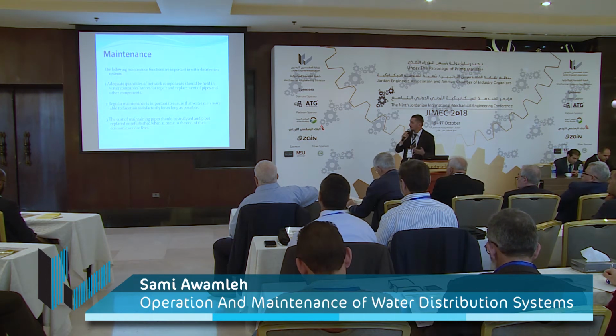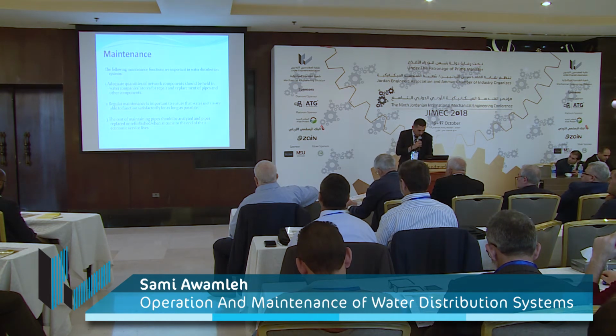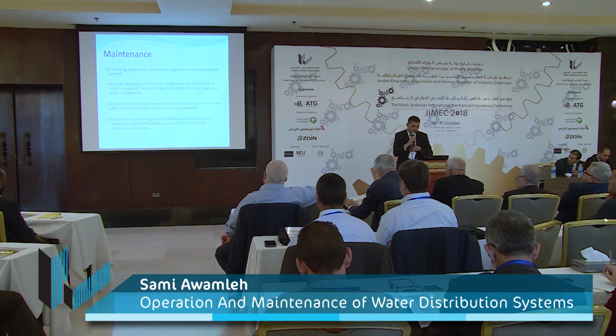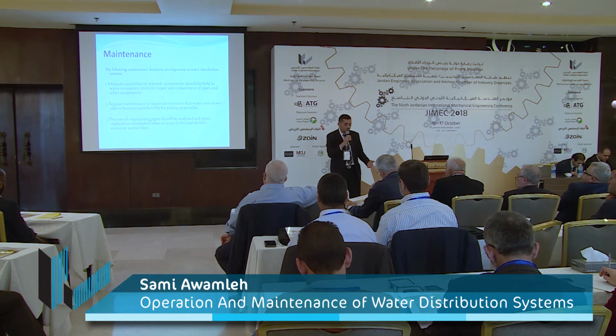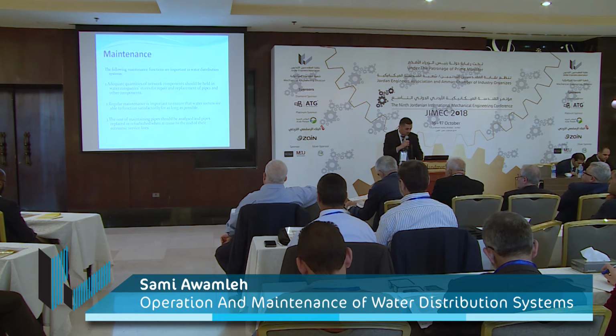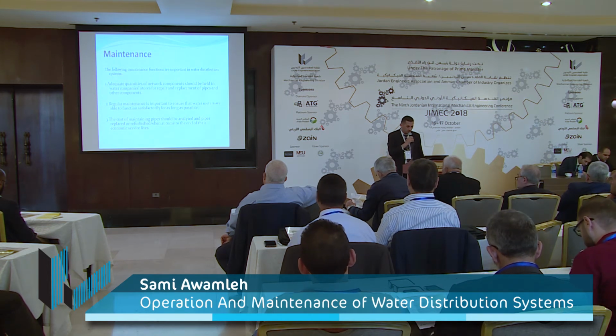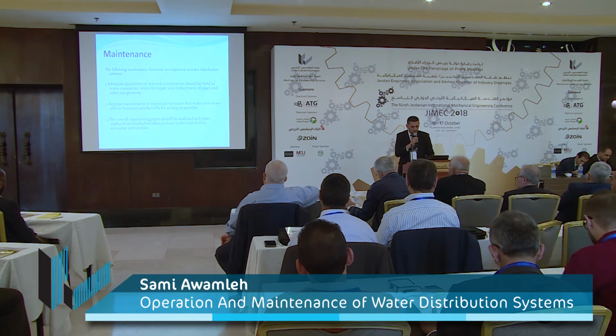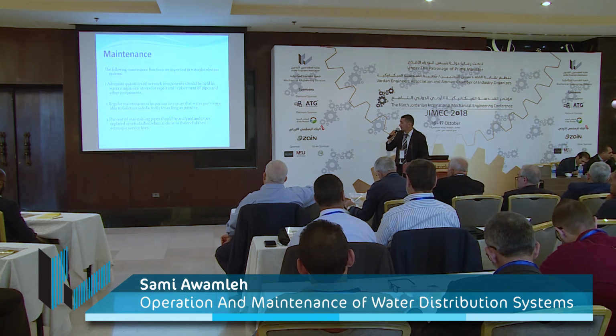It makes things easier. Regular maintenance is important to ensure the system is functioning well. The cost of maintaining pipes should be analyzed, and the pipe replaced or refurbished when it reaches the end of its economic service life.